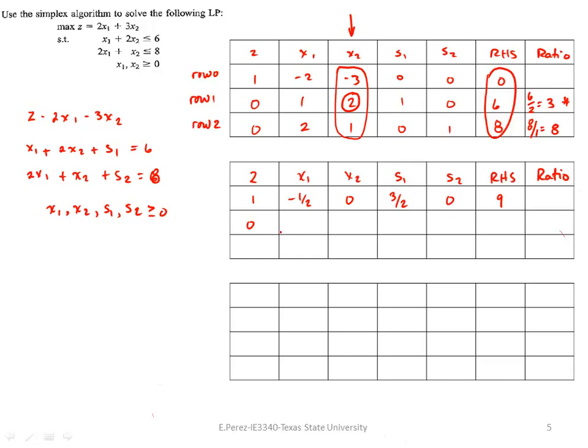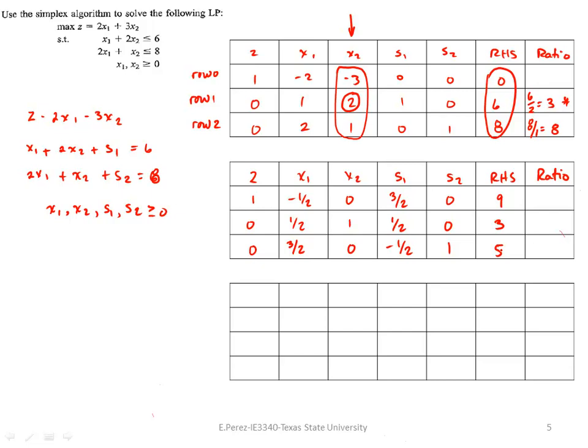You have 0, 1/2, 1, 1/2, 0, 3. You have 0, 3/2, 0, minus 1/2, 1 and 5. And that is after you perform the row operations. Again, if you have questions how to perform those, stop by my office. I will discuss them with you. So that's the next tableau.